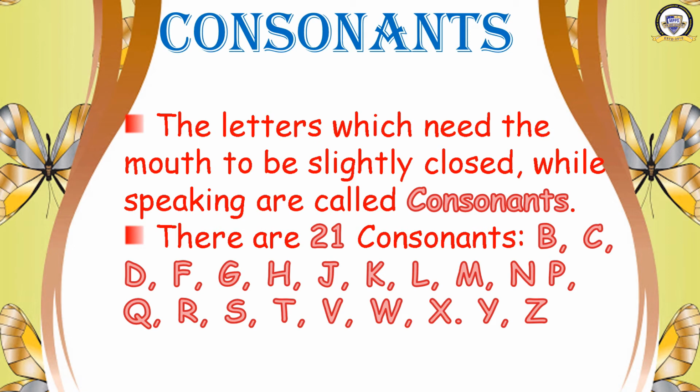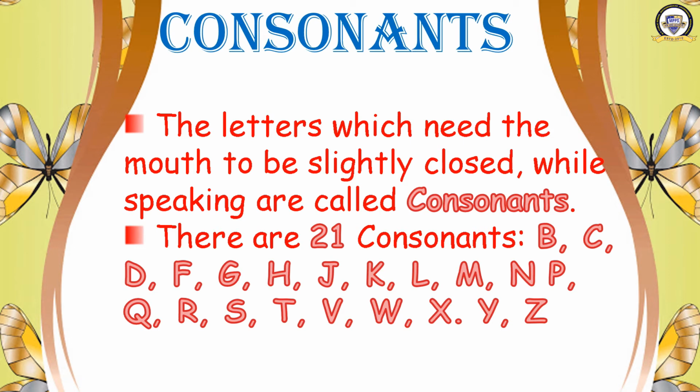B, C, D, F, G, H, J, K, L, M, N, P, Q, R, S, T, V, W, X, Y, Z. 21 are there. How many letters are there in the English alphabet? 26 letters. Good. There are 26 letters in the English alphabet.